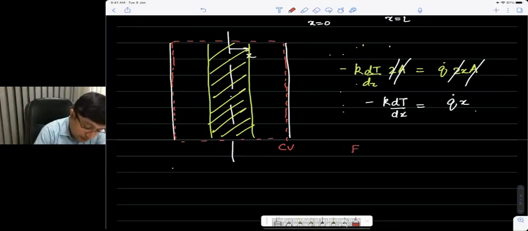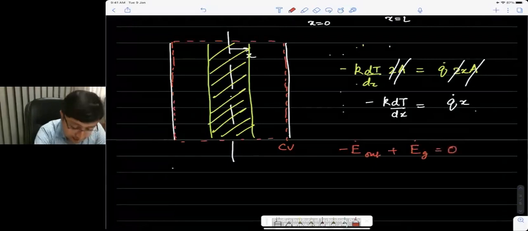So I can say minus E dot out plus E dot generation should be 0 in this case.